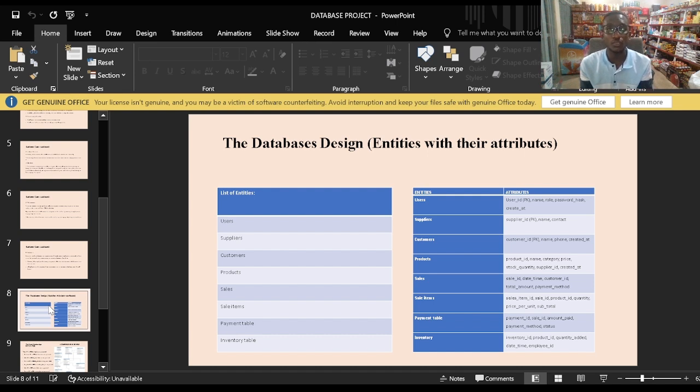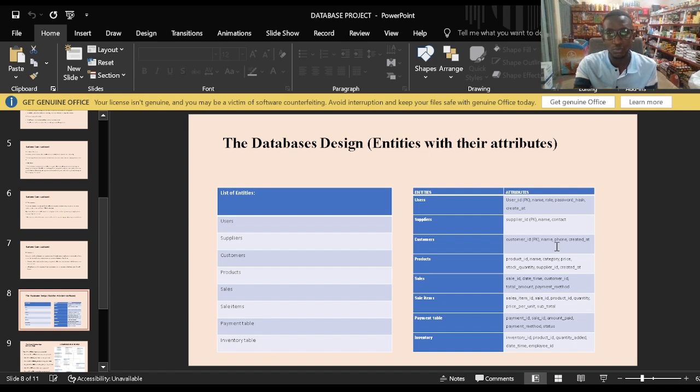There is the users table, those are the administrators, cashiers, and many others. Suppliers, those people who bring commodities. Customers, who come and buy the products that are being sold. Sales table, sales item, payment, and inventory. Those are the tables I used in my project.